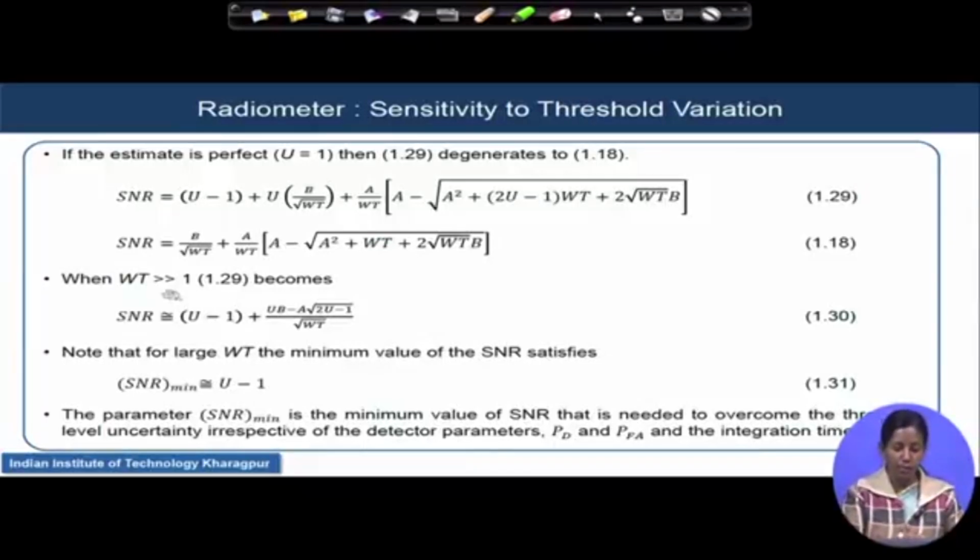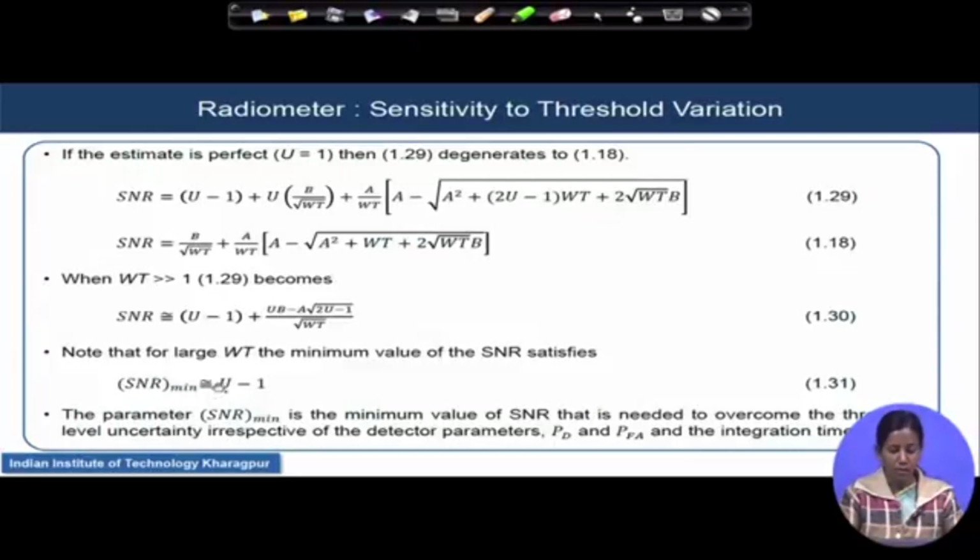And when my WT in this equation and also in 1.29 becomes very high, greater than 1, then SNR can be easily approximated only by the uncertainty factors and the factor of A. It is simplified. And for very large values of WT, the minimum value of the SNR required satisfies u minus 1.